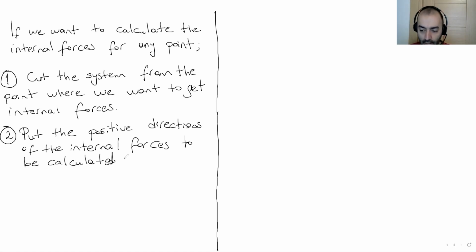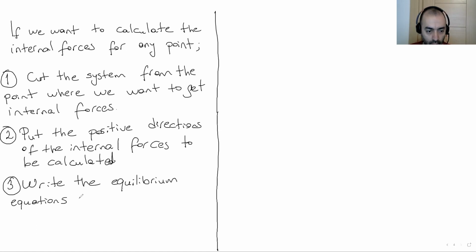And write the equilibrium equations for N, T, M. Okay, if you follow these rules, you can calculate the internal forces for a specific point.